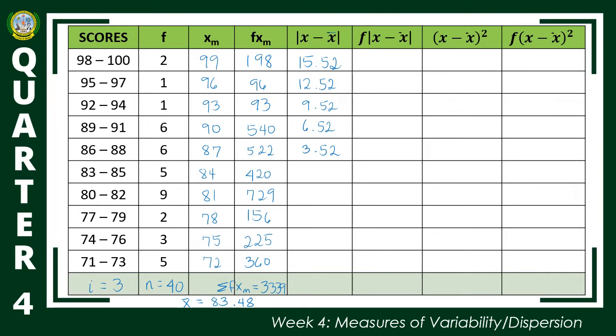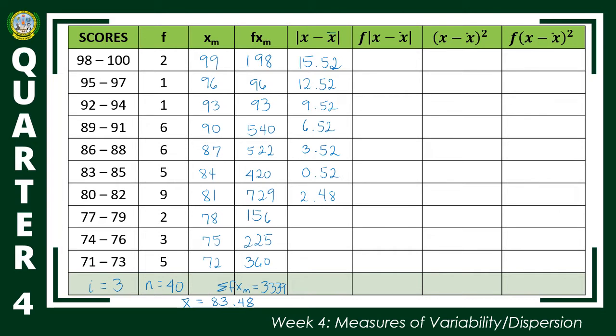And the next is yung 84. 84 minus 83.48 is 0.52. Next is yung 81. So, 81 minus 83.48 is negative 2.48. So, gagawin natin positive yon. Kaya 2.48.